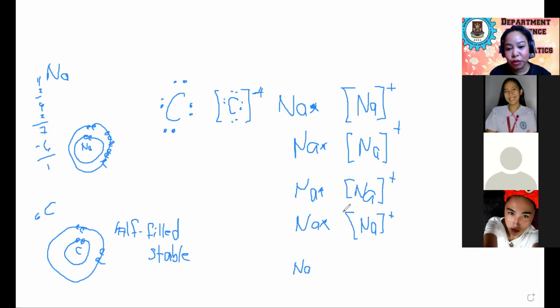Now, how many sodiums donated or transferred their electron to carbon? Upat. Four. Na 4. Now, how many carbons received electron from sodium? 4? Upat? Upat.